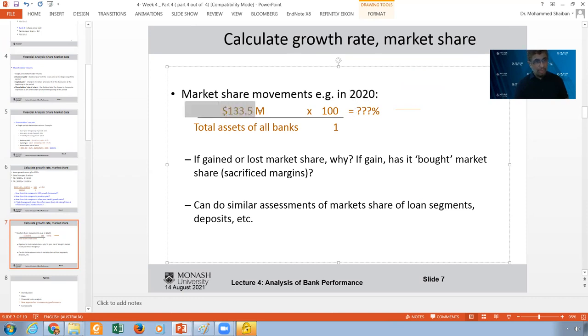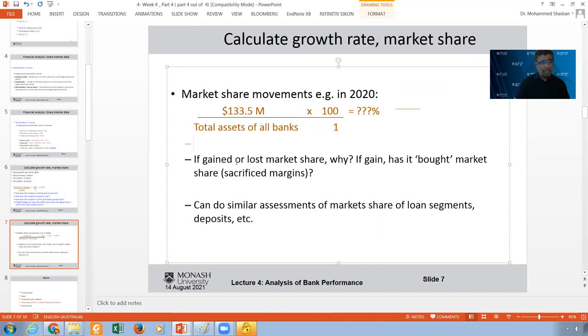So you take your total assets, compare them to the total assets of the whole banking system, and see how much your share is of the total market, which means your share of the market, in the loan market, in the housing market, you will see how much your share is in the banking system.